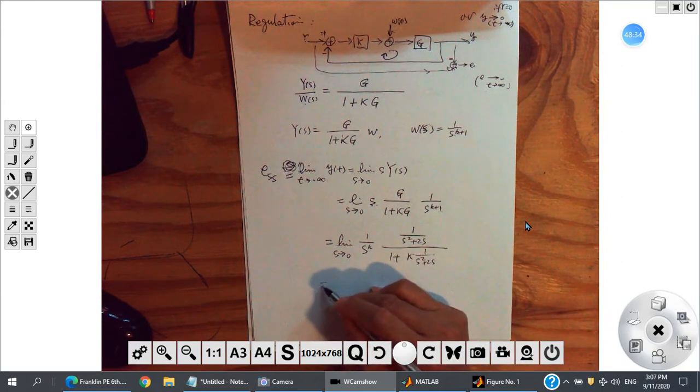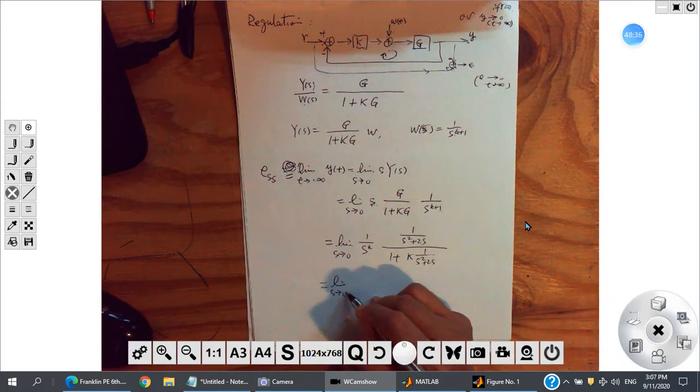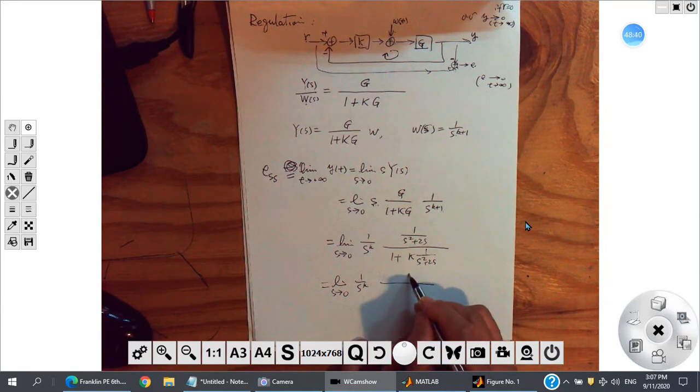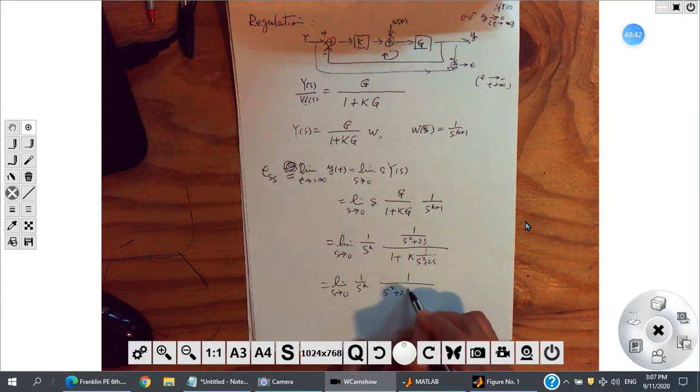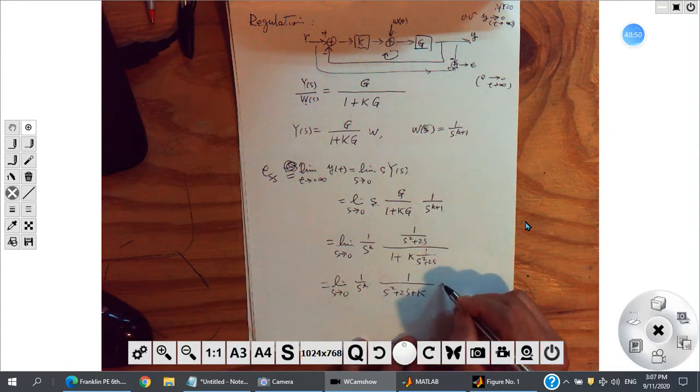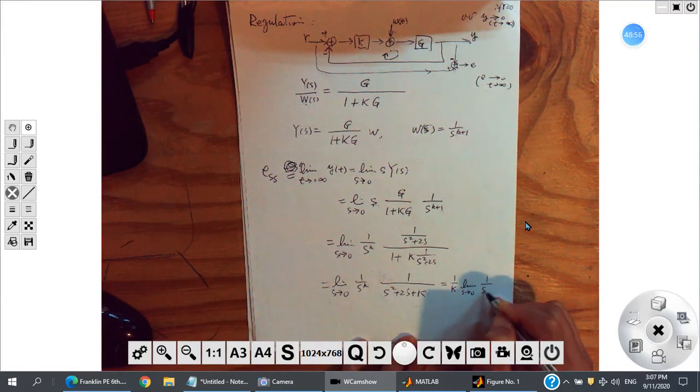So this is the limit as S tends to 0 of 1 over S to the K, and this part is 1 over S squared plus 2S plus K. As S tends to 0, this part will be 1 over K, right? So it's 1 over K, and the limit as S tends to 0 of 1 over S to the K.